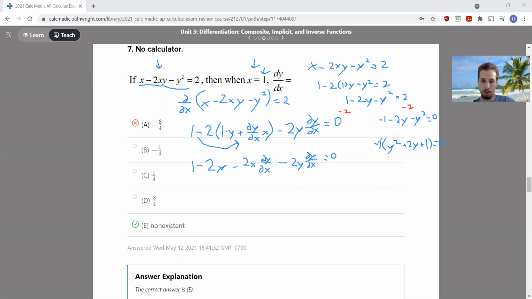Okay, and because this is just equal to 0, we divide -1 from both sides. This -1 just disappears. So y squared plus 2y plus 1 equals 0. Luckily, that is very easy to factor.